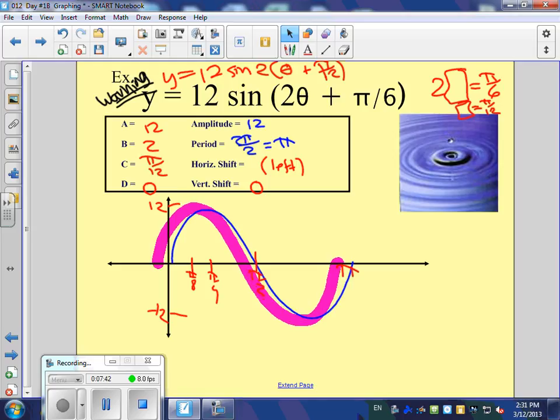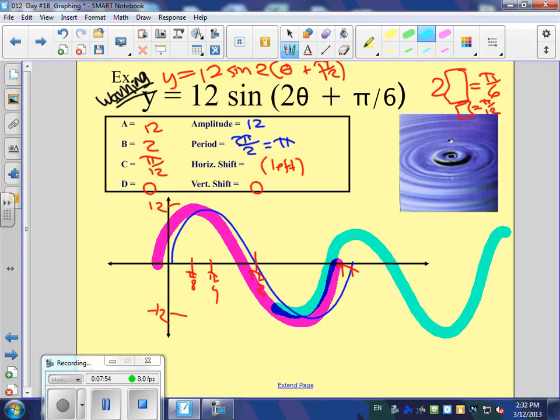Something about like that. And you could keep drawing this in both directions if you wanted. This doesn't stop in either direction, but one cycle is good enough for me. So that's how you draw an amplitude, period, and a phase shift for sine and cosine.